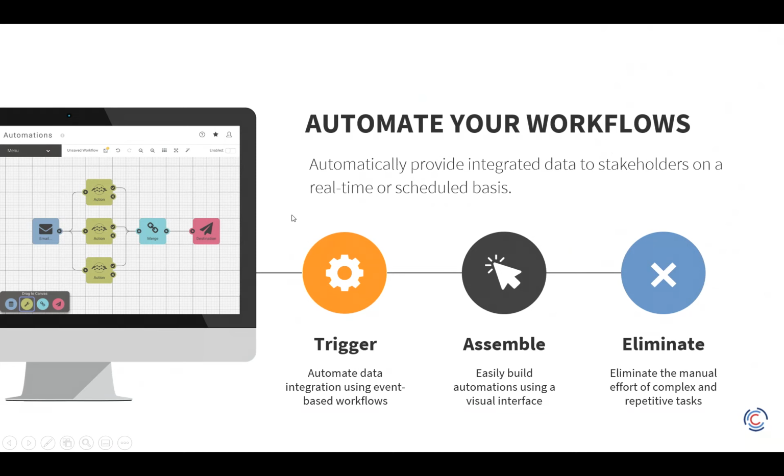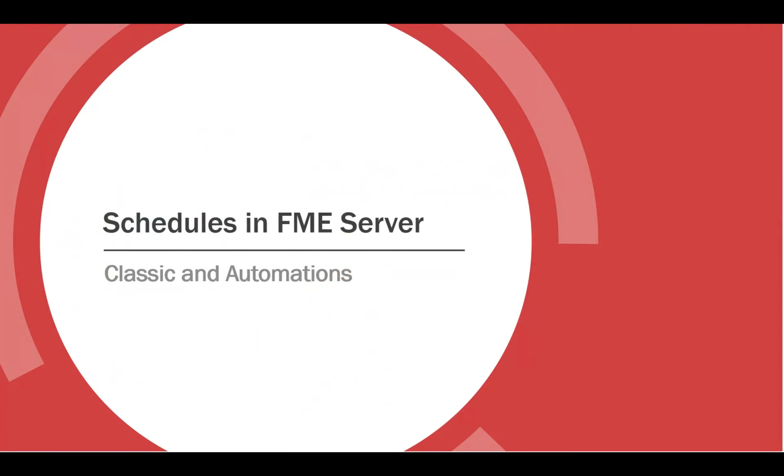The workflow is assembled with different actions, workspaces that can be run, etc., and we build it up to our data destination. Ultimately, it eliminates the manual, repetitive steps you have to do day to day. With that said, we're going to move on to schedules in FME Server.